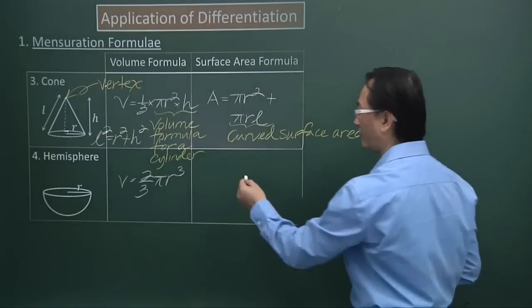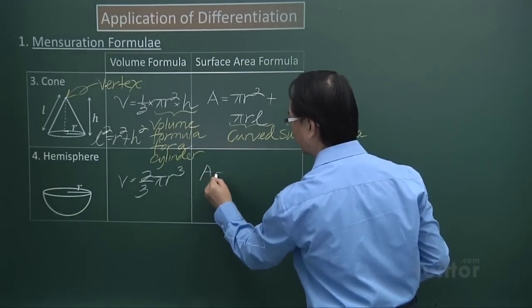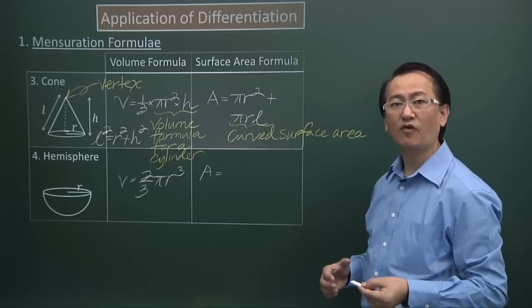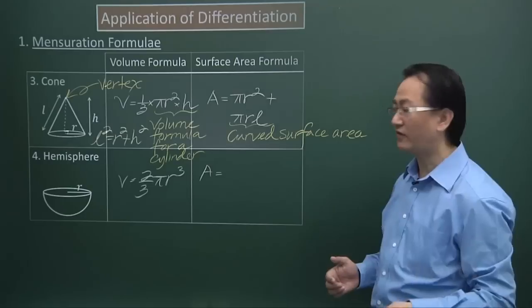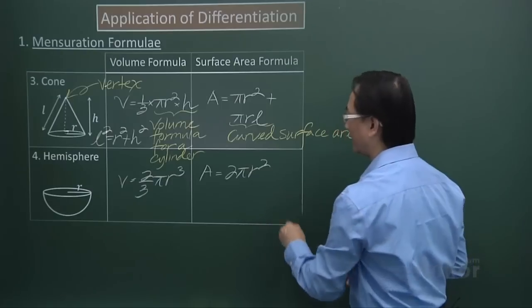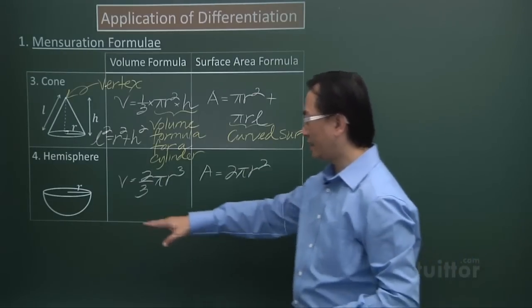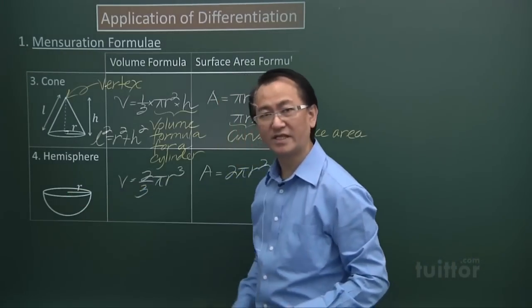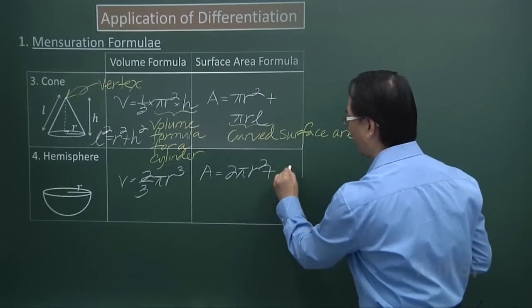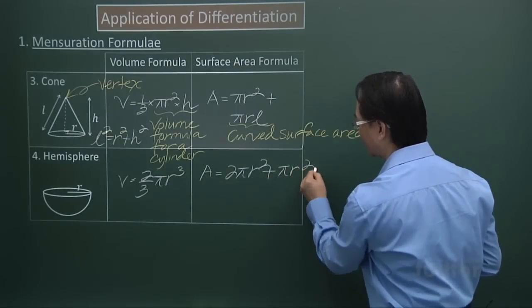As for the surface area, now the surface area of a sphere is 4 pi r squared. Half of it will be 2 pi r squared. But there is the top surface as well, the circular surface, which is pi r squared.